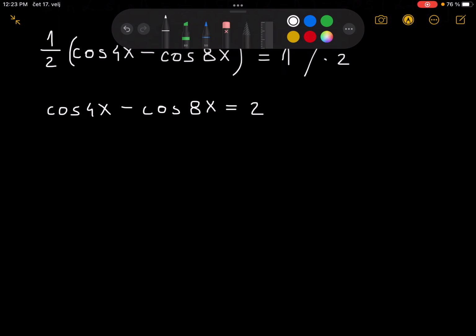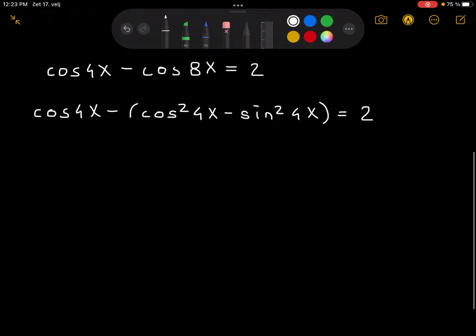Now let's rewrite cosine of 8x as cosine squared of 4x minus sine squared of 4x. So we just used the double angle formula for cosine. And all of this must be equal to 2.